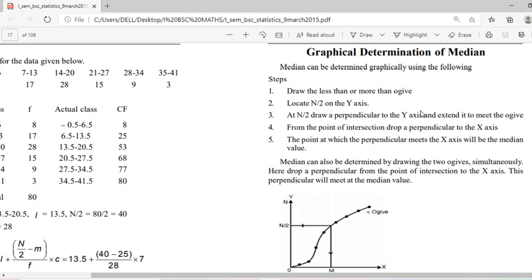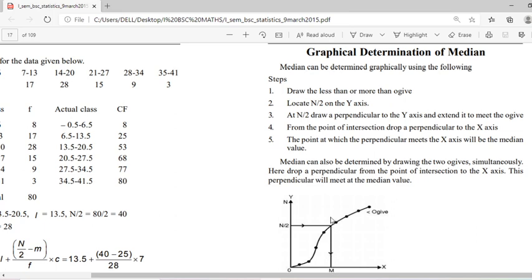First of all, we have to draw the less than and more than ogive curve. Then locate n by 2 on the y-axis. At n by 2, draw a perpendicular to the y-axis, extend it to the curve, and from that point of intersection draw a perpendicular to the x-axis.